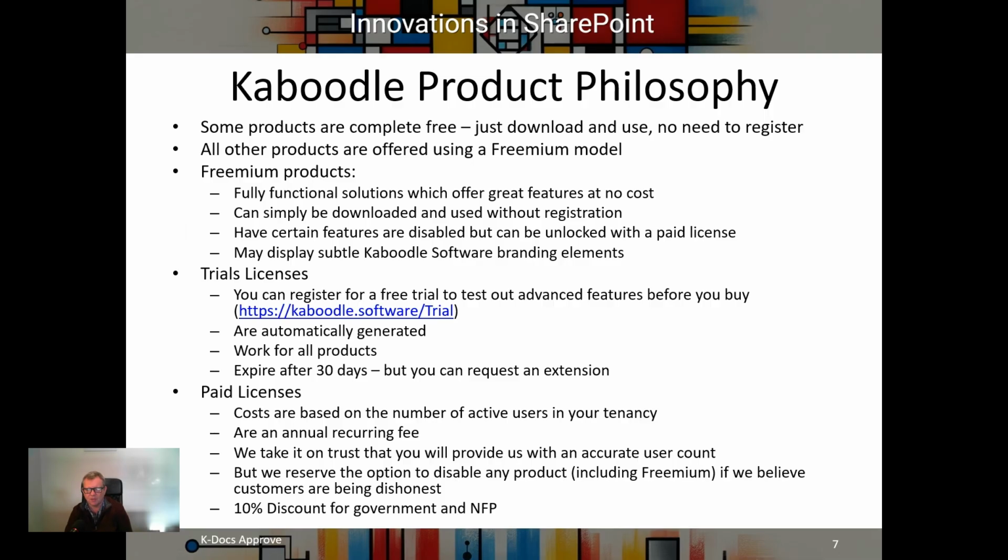But the idea is that we offer some of the advanced features, but they're only unlocked or only available for licensed users. You can try out the advanced features just by going to our website and requesting a free trial. That process is completely automated, so literally within 5 minutes you can be up and running with a free trial.